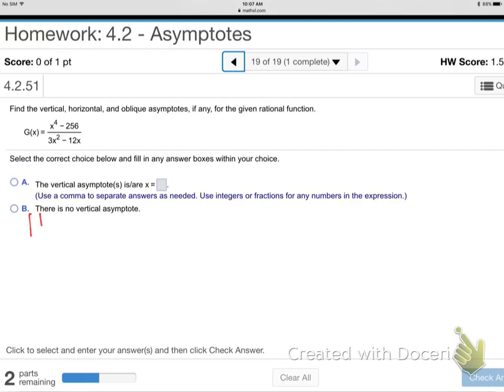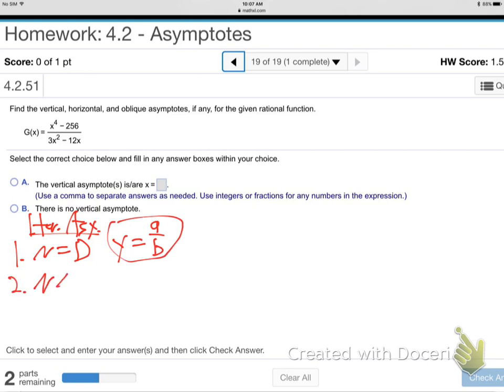So for horizontal asymptotes, you've got the numerator and denominator thing. If the numerator equals the denominator in degree, we already know it's y equals a over b. If the numerator is smaller than the denominator, then the denominator wins and it pulls it flat to 0.